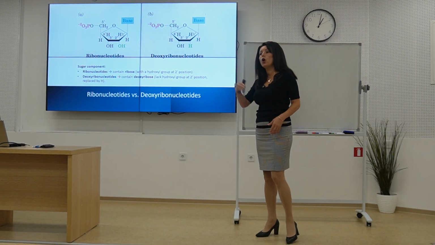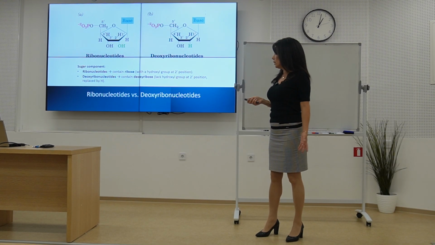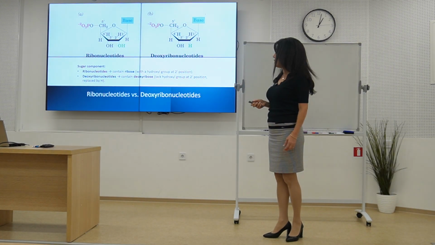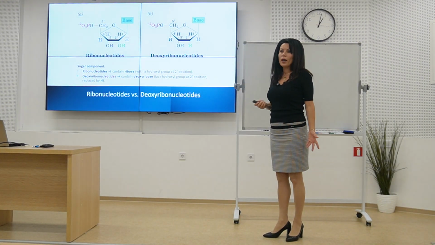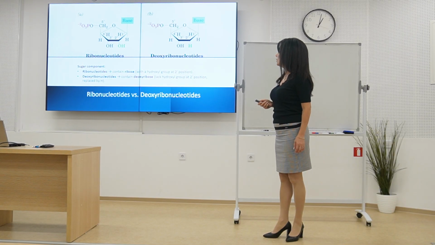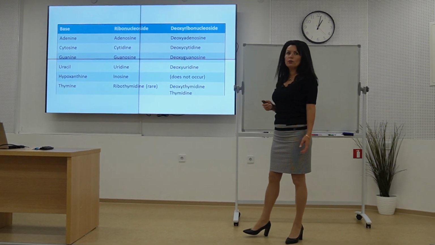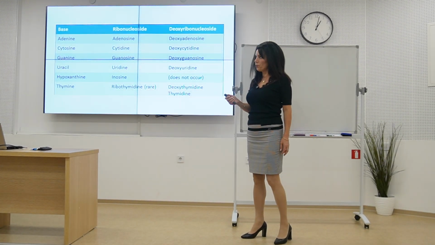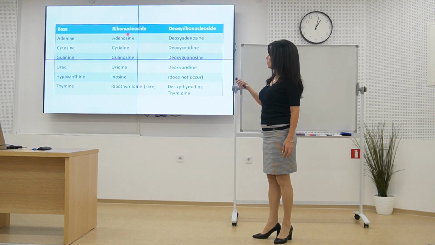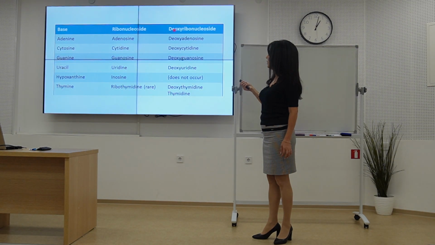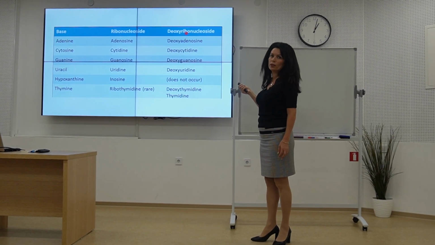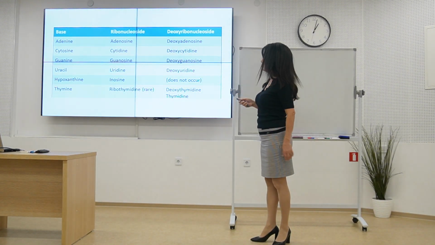That's why the name is deoxy. Deoxyribonucleotides contain deoxyribose, and it is used in DNA. In this table you can see the different names according to the base name. Adenine, adenosine is a ribonucleotide. Deoxyadenosine will be a deoxyribonucleotide, and so on.